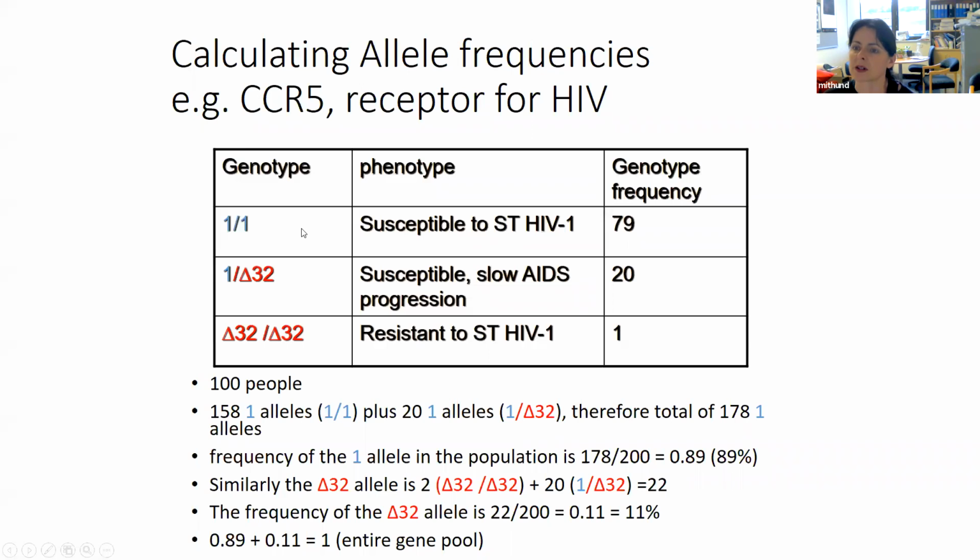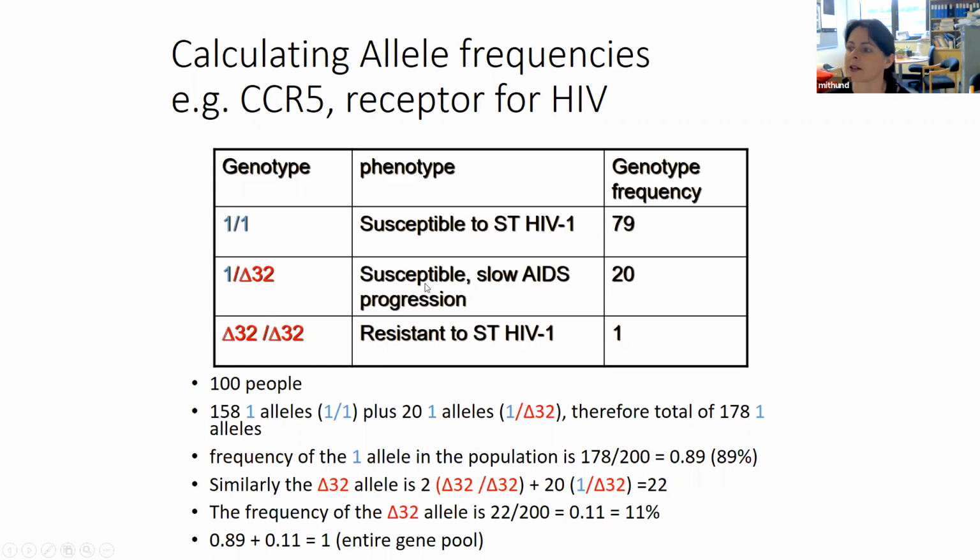For the majority of people, they would have the 1-1 genotype. They're homozygote for 1-1, which is the common genotype in the population, and they'd be susceptible to sexually transmitted HIV. In our population of 100, 79 people have this genotype. We then have heterozygotes who have the 1 allele and also a delta 32 allele.